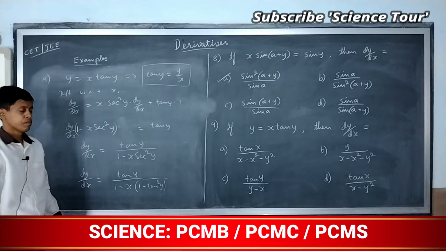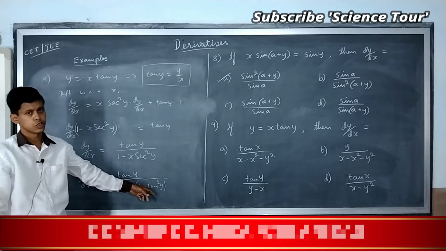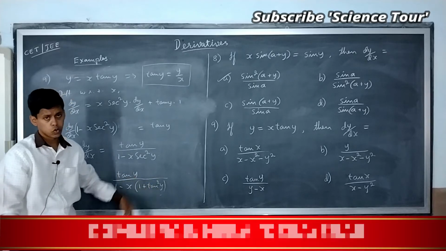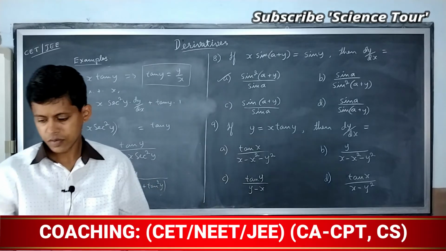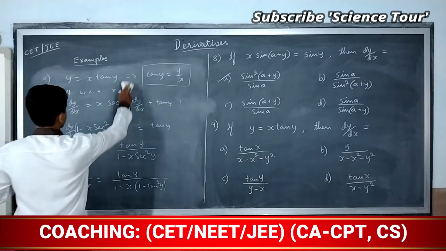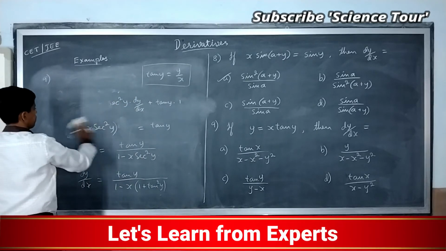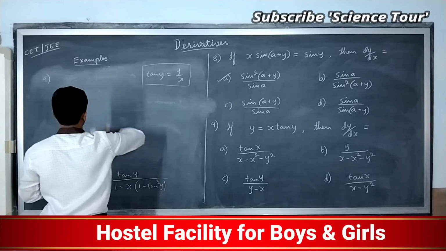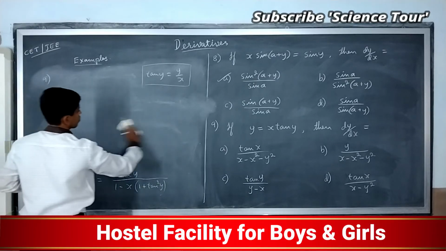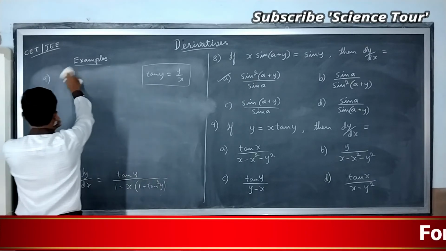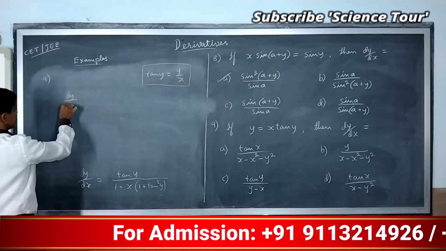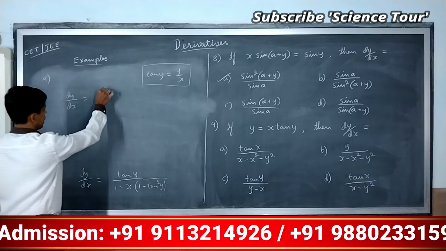Well, now you can substitute y by x, so that will be y by x whole square in place of tan square y. So let's do that. Alright, so dy by dx is equal to tan y on the numerator.